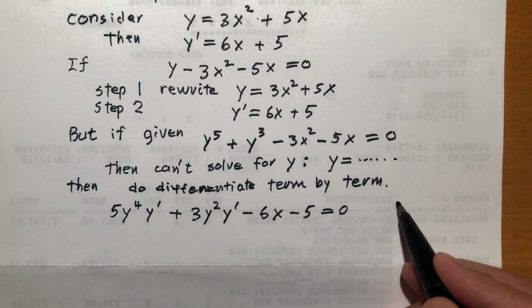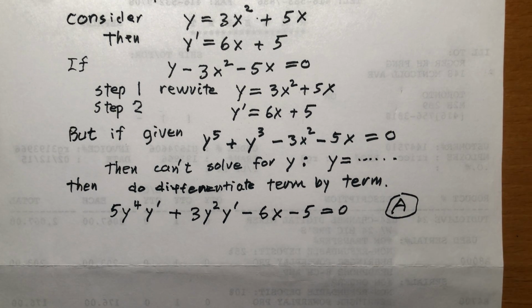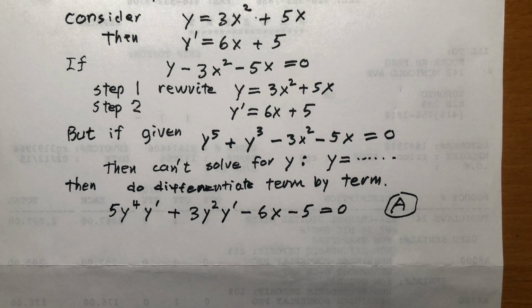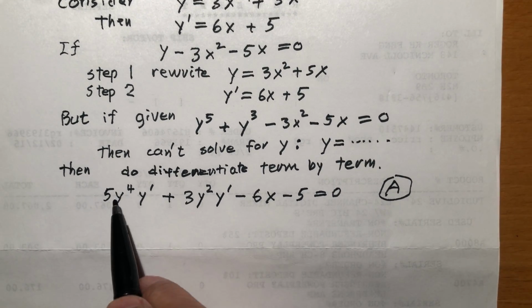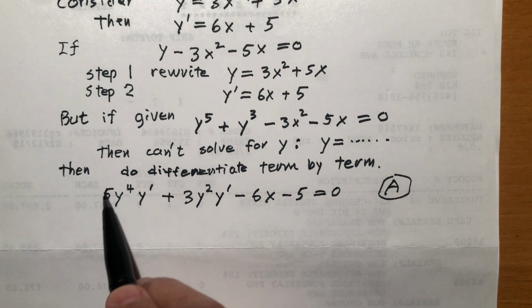Let's label this equation A. Now we have the question: why is the derivative of this equal to this?